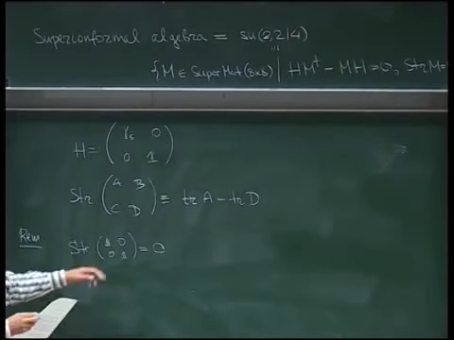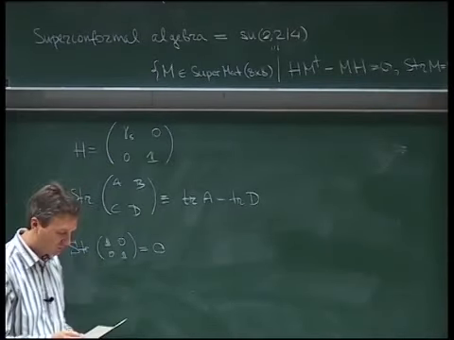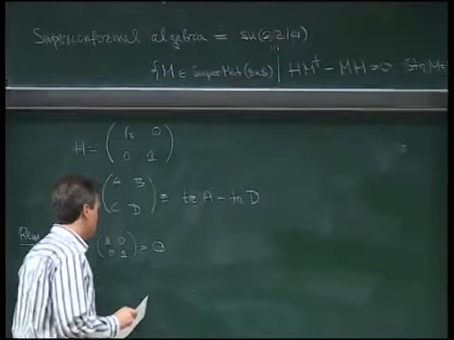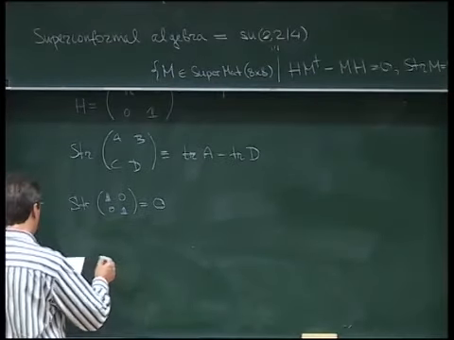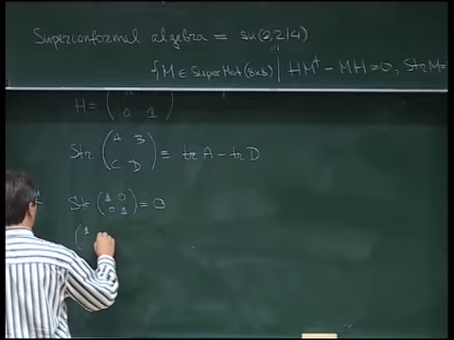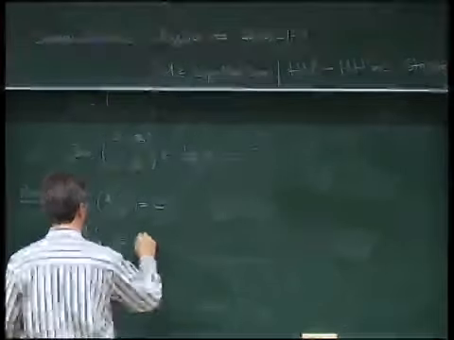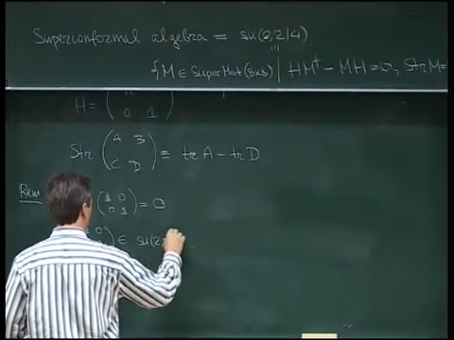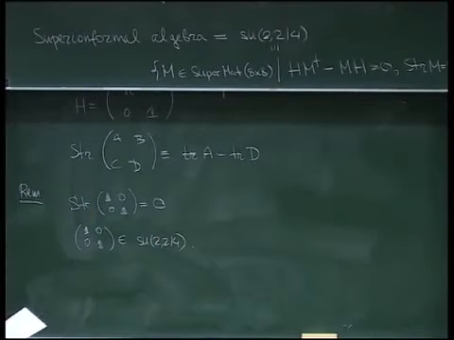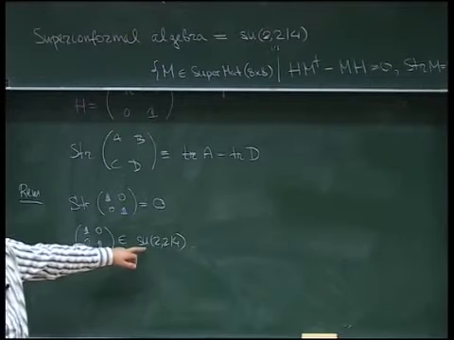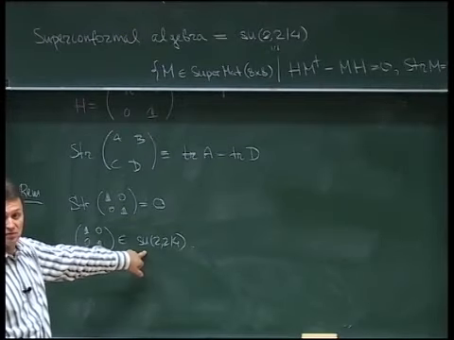It's quite obvious. So this means that the unit matrix belongs to SU(2,2|4), but of course it commutes with every element of SU(2,2|4), being a unit matrix.